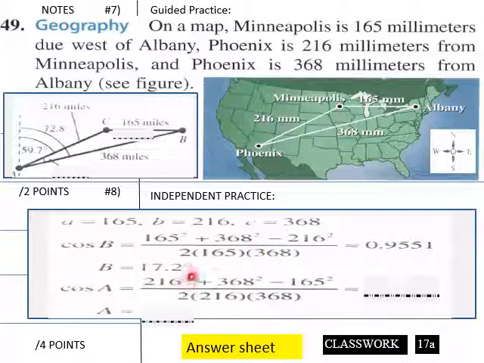So B, when we convert this into angle measure, will be 17.2 degrees. And then when we crank this out for cosine A, we get 13.1 for measure A there.